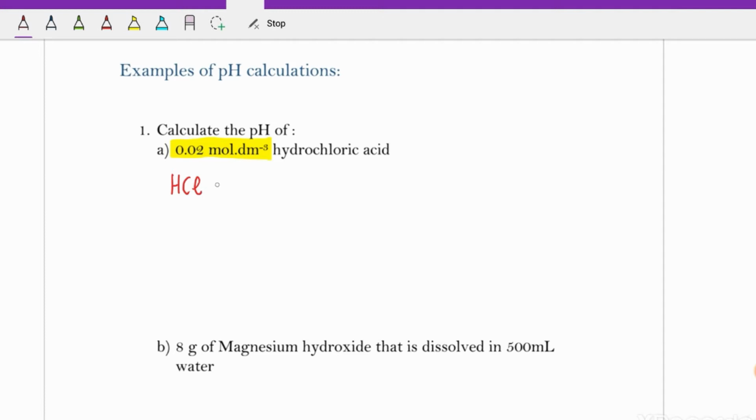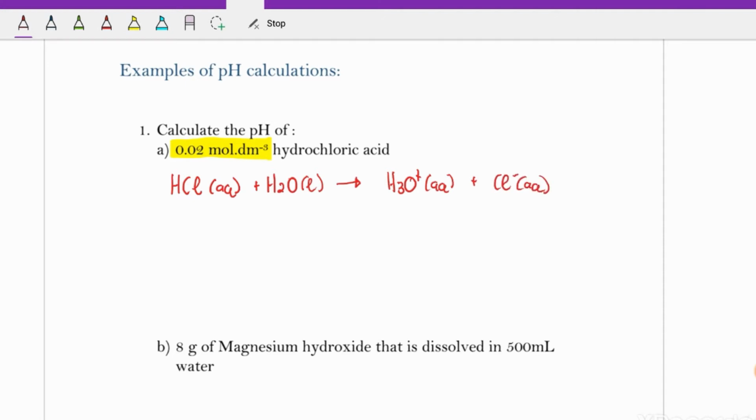is you always write down the balanced reaction equation of the ionization. So you can write down, if you dissolve it in water, what will happen? You will form hydronium ions and you will form chloride ions.